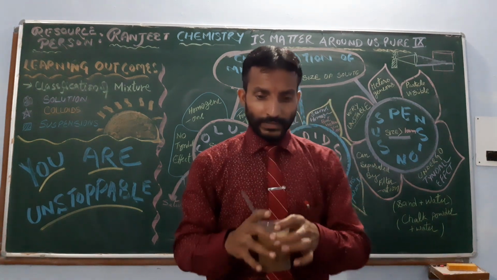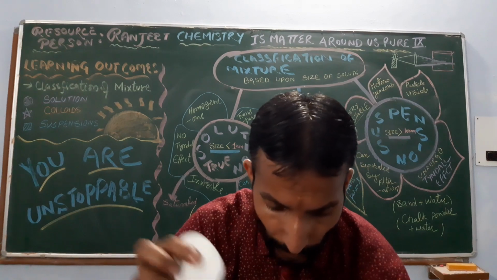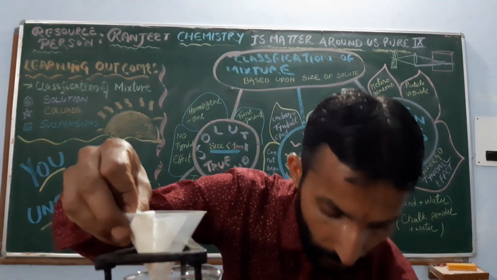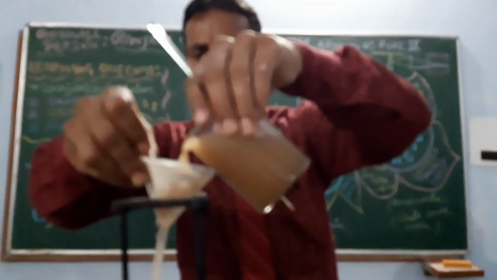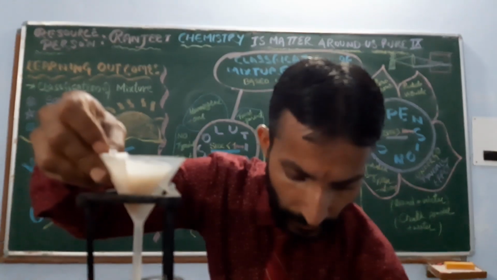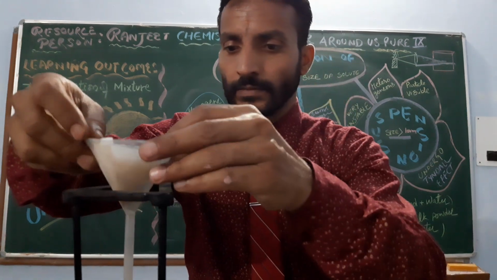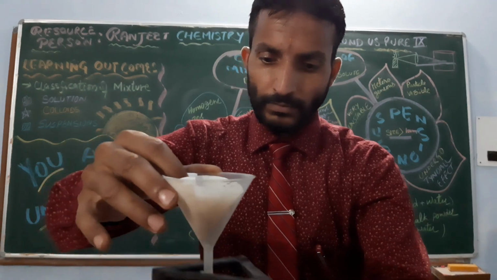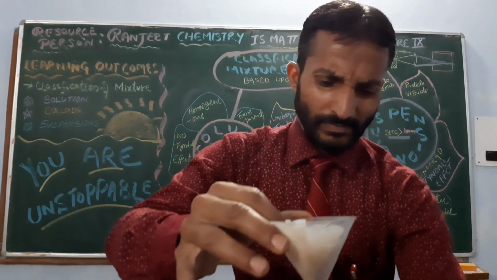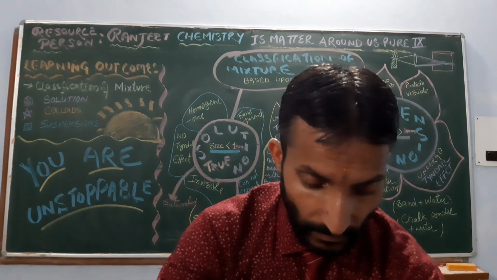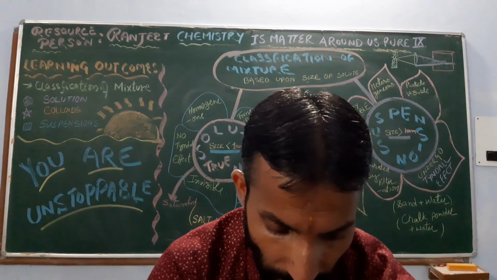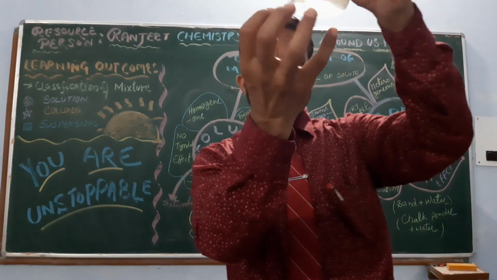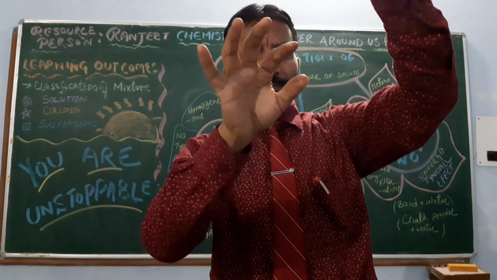What about separation? Let us check whether it can be separated through filtration. Again the same process, filtration. Let us take a small amount of sample. Now see, dear students, some particles get separated.